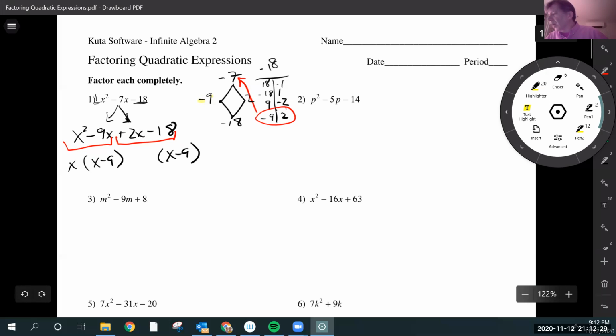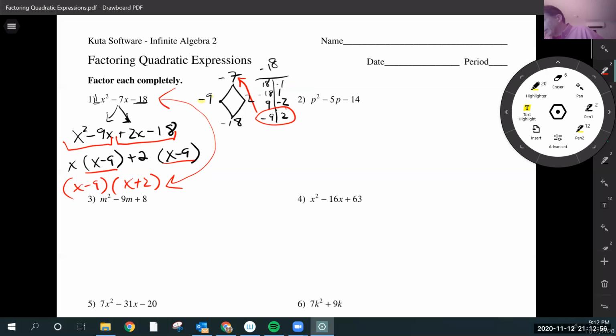So what do I need to pull out of there? A +2. So now I have something in common amongst both of my terms, and that's an x minus 9. So I can pull an x minus 9 out, and I'm left with an x plus 2, and that is the final factored form of x squared minus 7x minus 18.